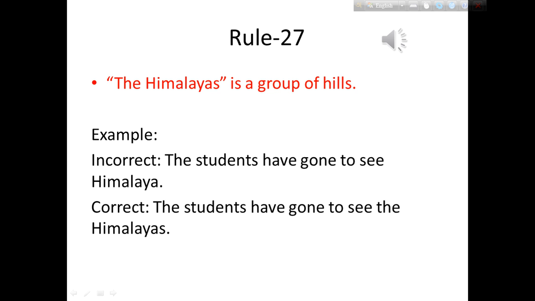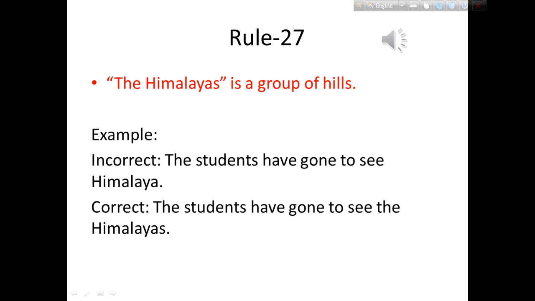Rule 27. I think we all know that there are some specific words before which we have to use the definite article the.